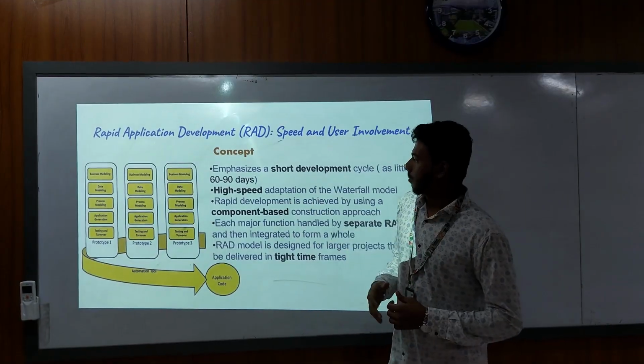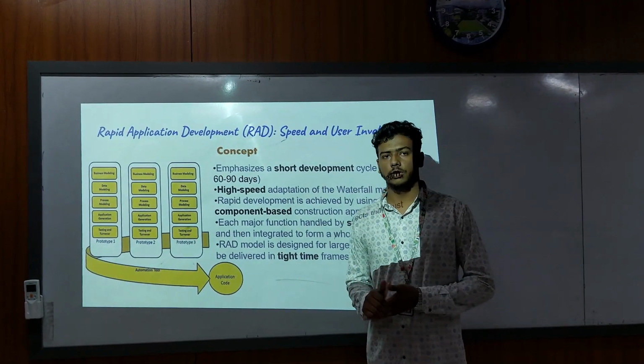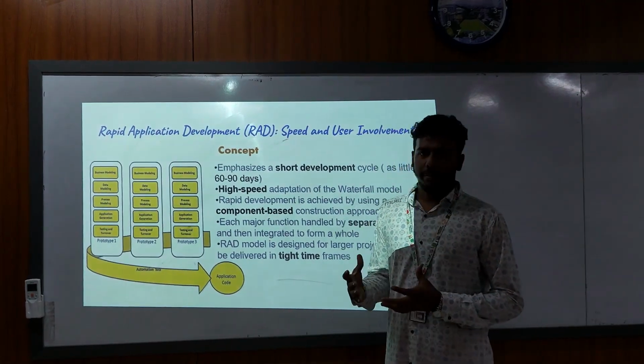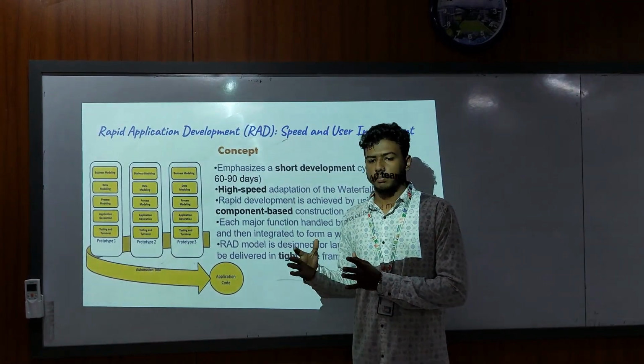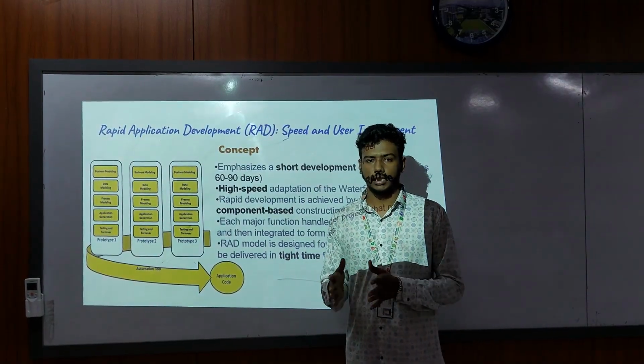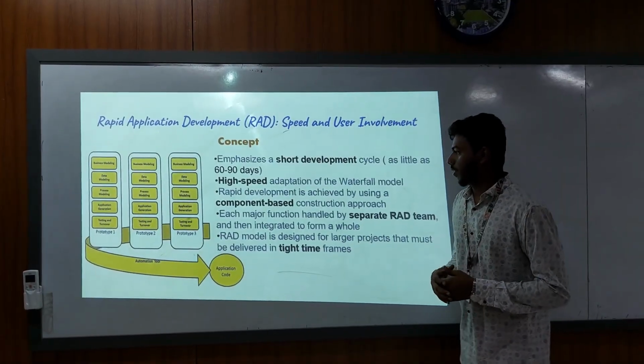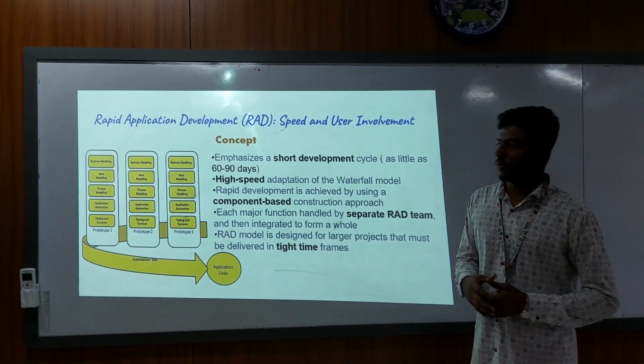The core concept of this is to emphasize a short development cycle. It can be 60 to 90 days. The main purpose is that we divide the project into some RAD sectors and develop the sectors individually. So this is a high-speed adaptation of the waterfall model, as I already told you.